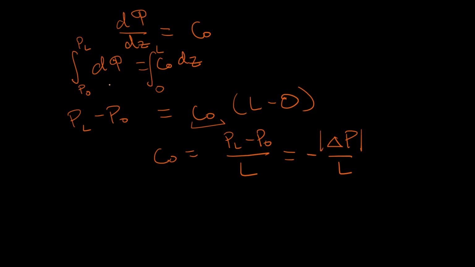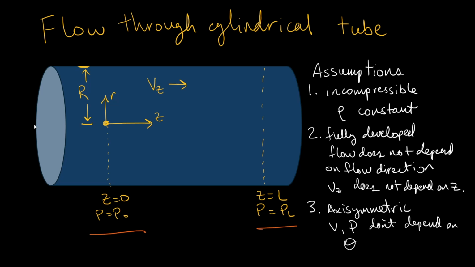So I can even give this absolute value symbols just to make that clearer. And if delta P is positive, that means that delta P is going to be equal to P0 minus PL. Because our P0 is at the start of our pipe, this is a larger value than our pressure at the end of the pipe. That's why we have flow moving from left to right in that original diagram. So here our pressure P0 has to be greater than our pressure PL if we're going to have flow from left to right.